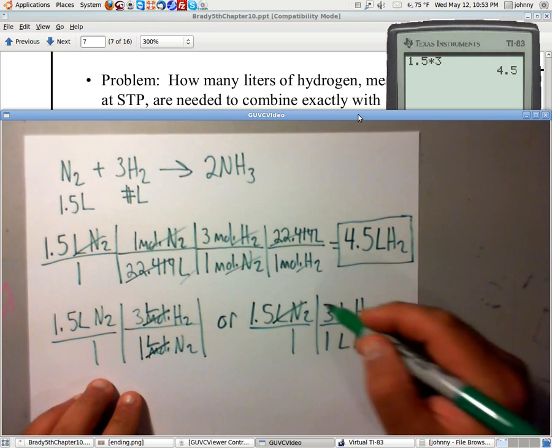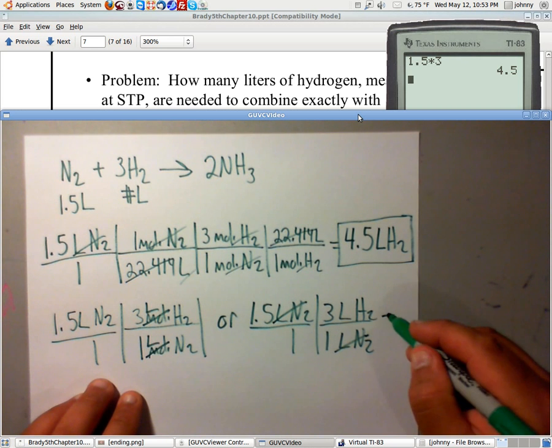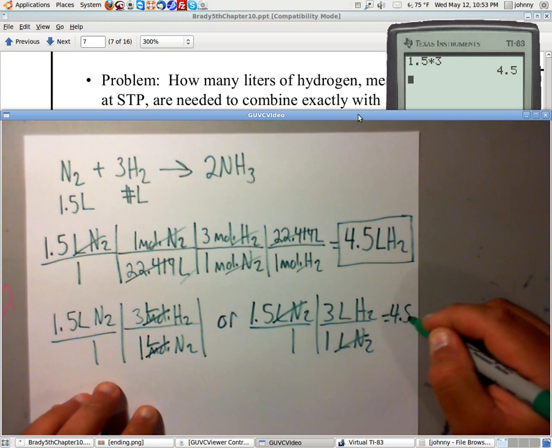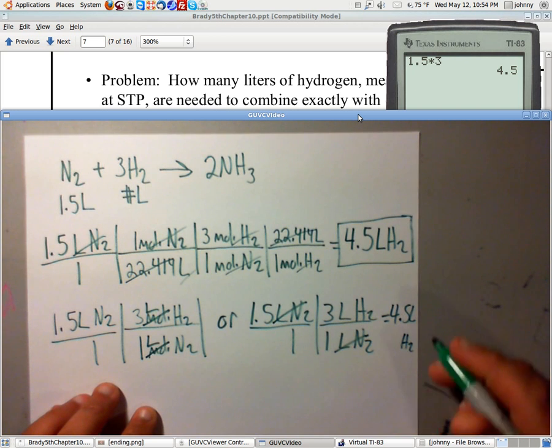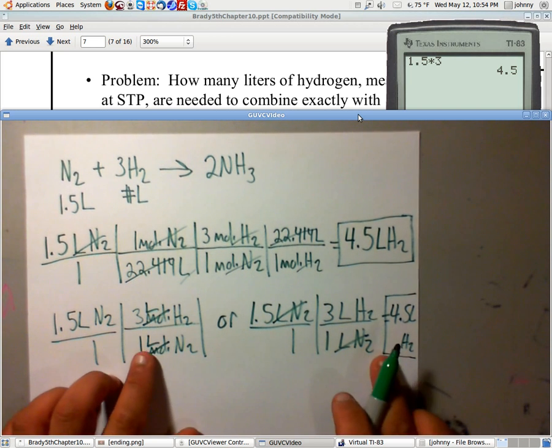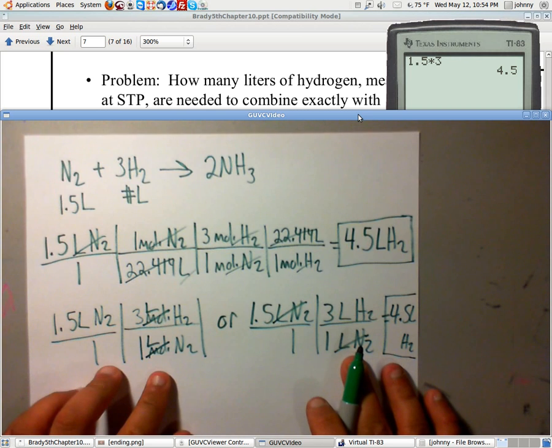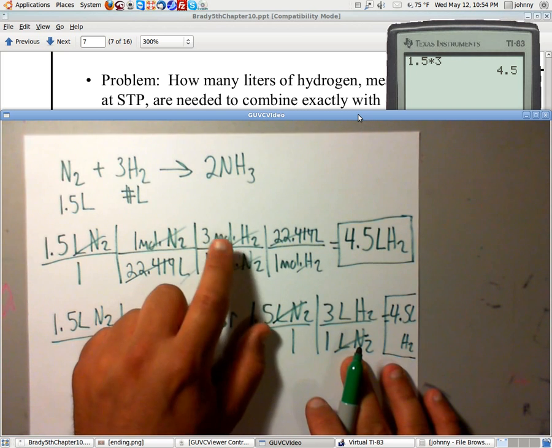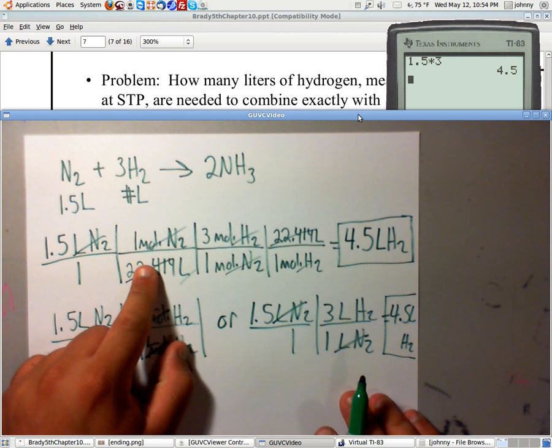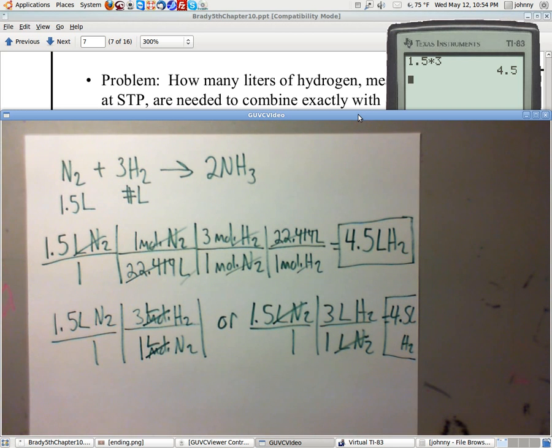That way you can have liters of N2 cancel with liters of N2, and you're left with liters of H2, and that's how you get the 4.5 liters of H2. It's essentially the same thing, but to me this has always been sloppy, and I just don't like this way. This is the way that I prefer it. That way I can see that the students make the connection of a mole is this many liters. But that's me though. So it's really up to your professor or teacher.